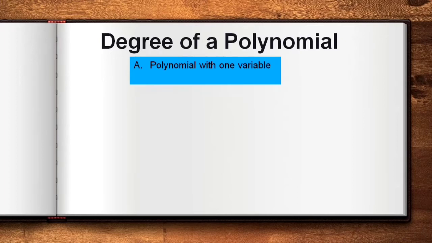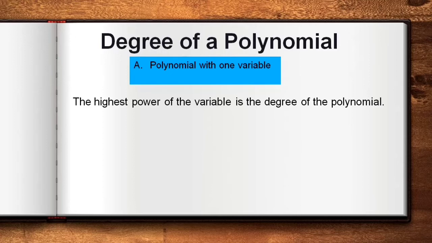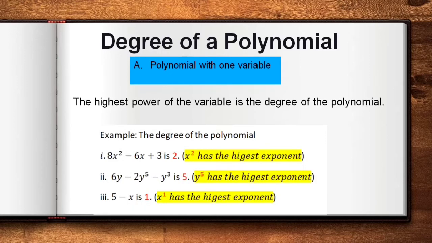If the polynomial has only one variable, the highest power of the variable is the degree of the polynomial. Let's see the example. First one, 8x squared minus 6x plus 3. The degree of this polynomial is 2 because x squared is the variable with the highest power, which is 2.